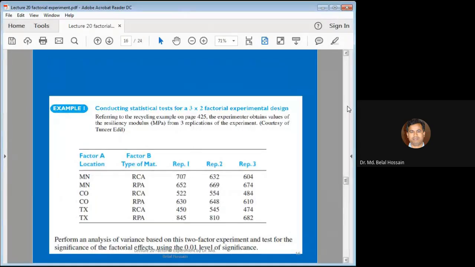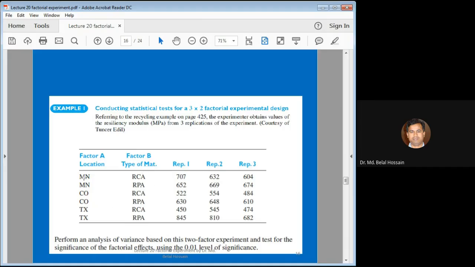Let us go to that example we studied first, referring to the recycle example on the previous slides. The experimenter obtains values of the resiliency modulus from, say, 3 replications of the experiment, and we have had this data for 3 replications.